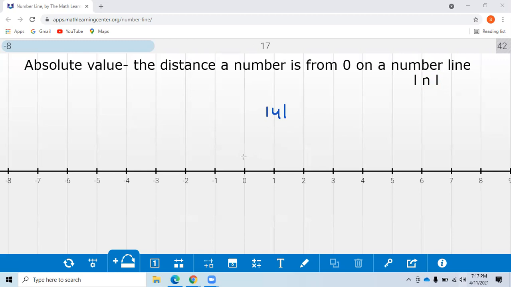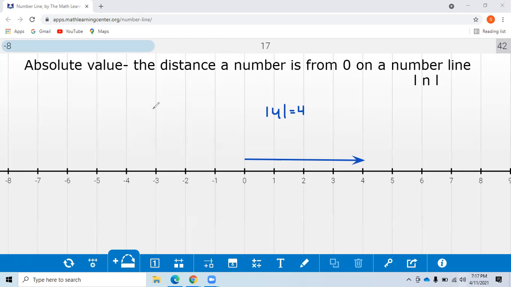Well, I can draw an arrow to the 4, and I can see that it is 1, 2, 3, 4 units. So 4 is 4 units from 0 on a number line, and the absolute value of 4 is equal to 4.